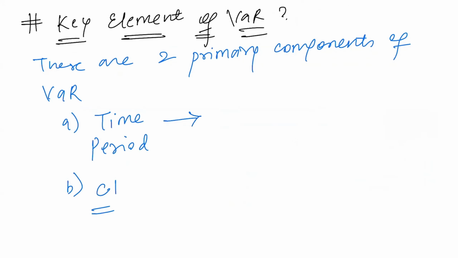So let's cover time period. Time period is the duration over which the risk assessment is made. Value at risk tells the extent of potential financial loss, and that's why it's a risk assessment measure. So time period is important because it tells the duration over which the risk assessment is made. Now this time period could be a day, a week, a month, or any other time frame depending on the use case.